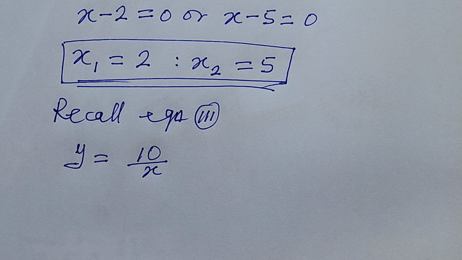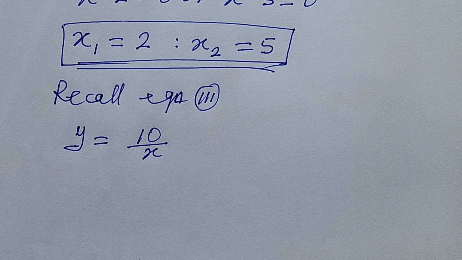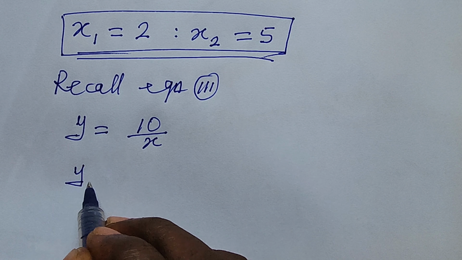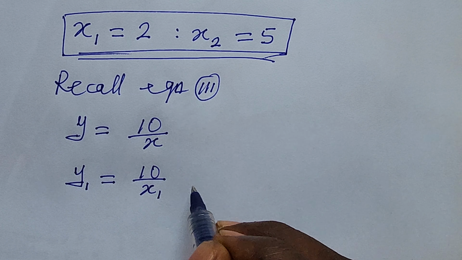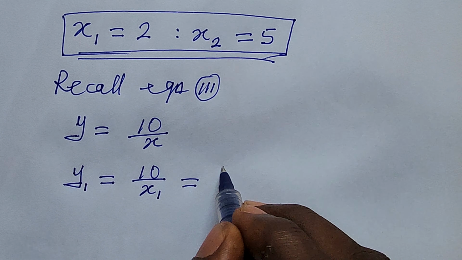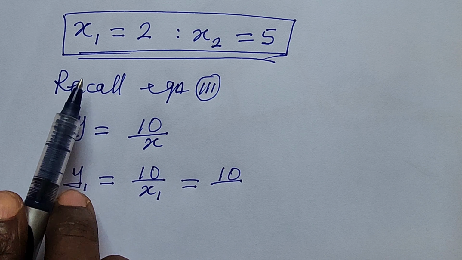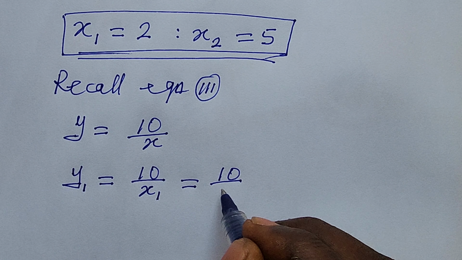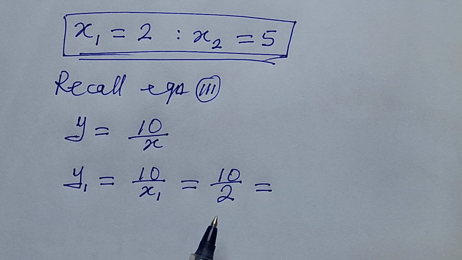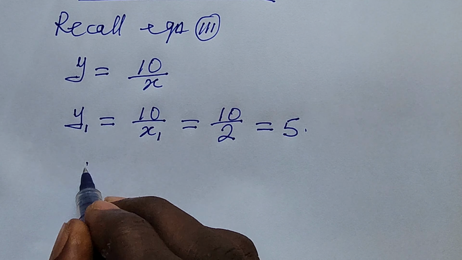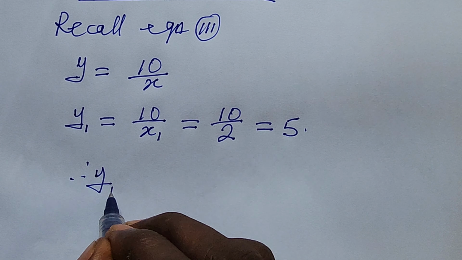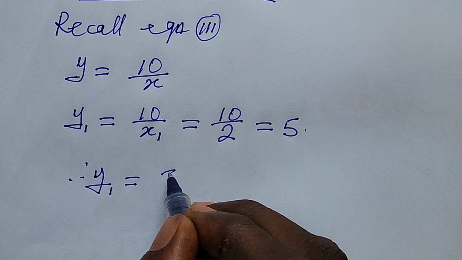So from here, let's look at this carefully. We're going to take our y1. Therefore, our y1 is going to be 10 all over x1, which is equal to 10 all over, what is our x1? Look at the x1, 2. 10 all over 2, and 2 into 10 will give us 5. So therefore, we now have y1 is equal to 5.